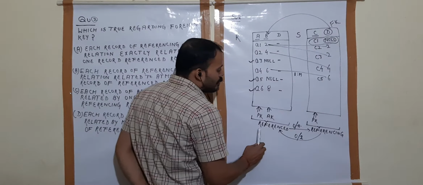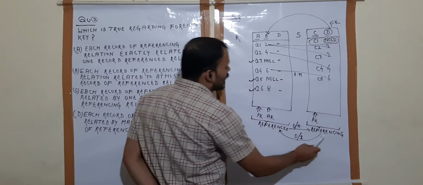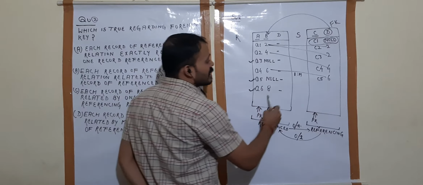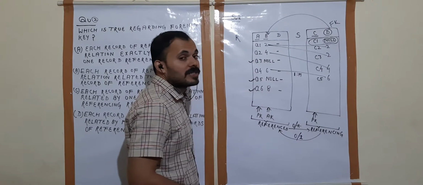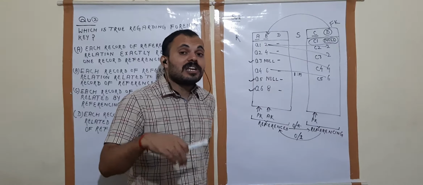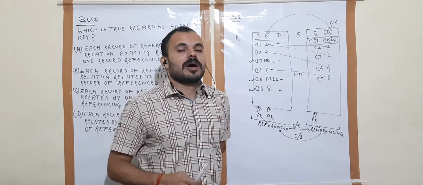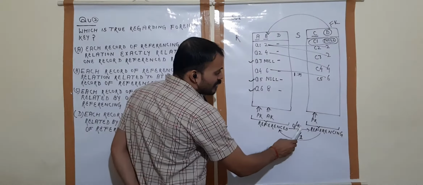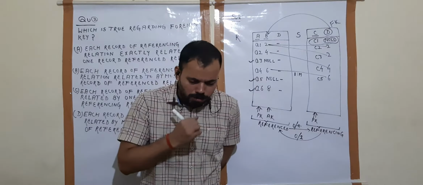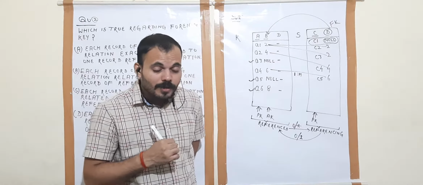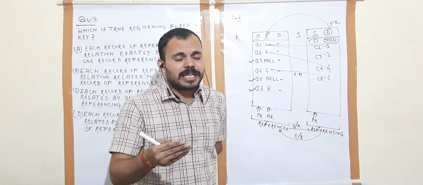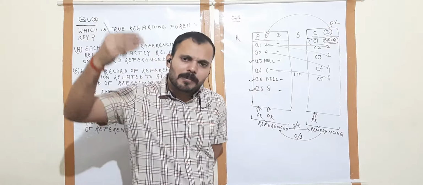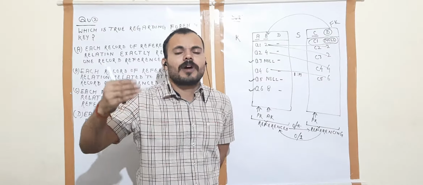See here, when we move from referenced to referencing, each record of the referenced relation is either not related with any record of the referencing relation, or it may relate with many records of the referencing relation. And see here, this asterisk means many. Many can be 1, 2, 3, 4, 5, 6.